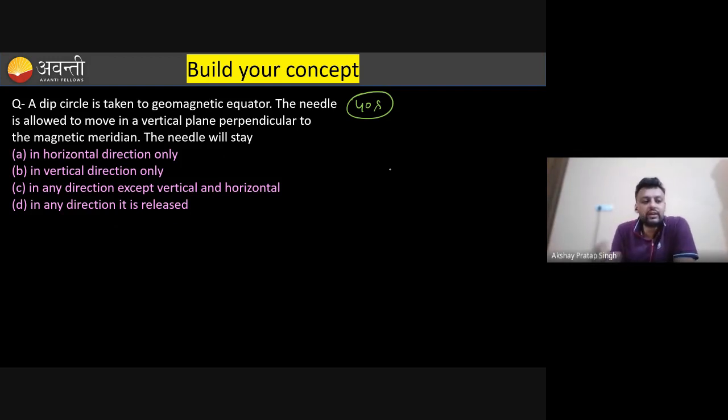Till then, I am also reading the question. A dip circle is taken to a geomagnetic equator. The needle is allowed to move in a vertical plane perpendicular to the magnetic meridian.